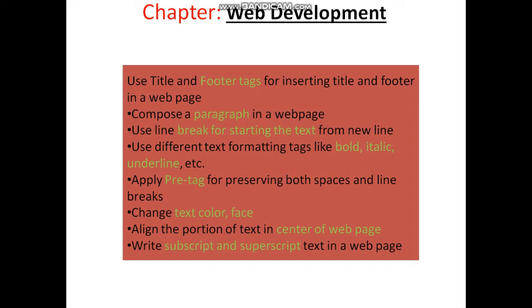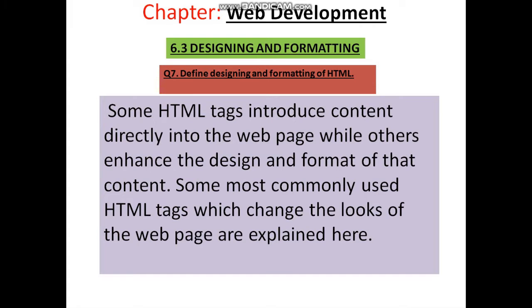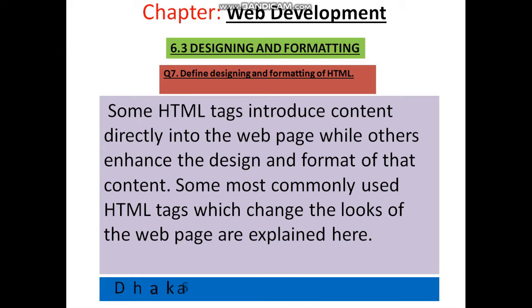Bold tags used for bold, italic and underline. Tag used for pre tag. Tag used for text color and face. Tags used for center of the web page. Tag used for subscript and superscript. Some HTML tags introduce content directly into the web page, while others enhance the design and format of the content.